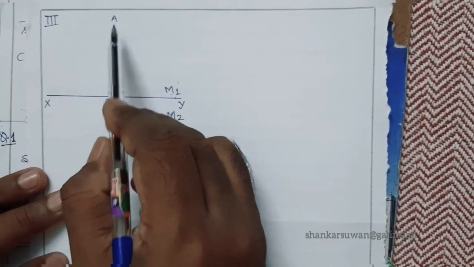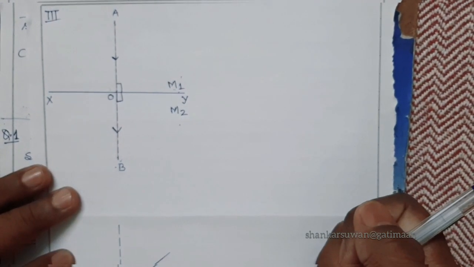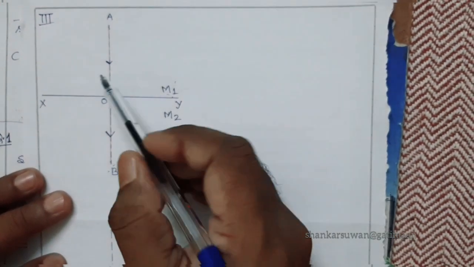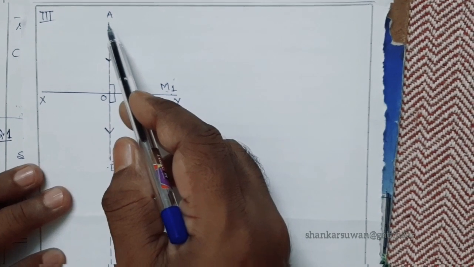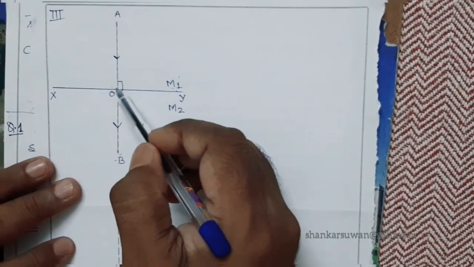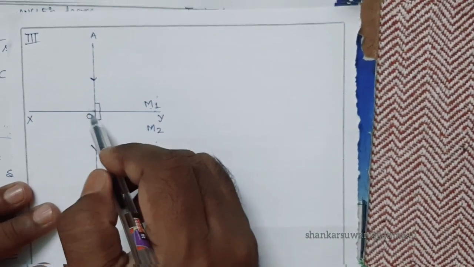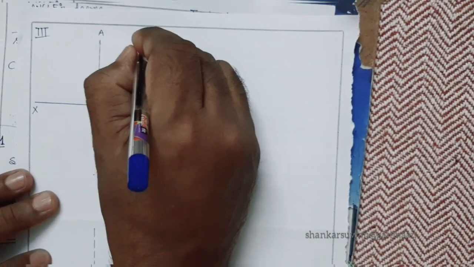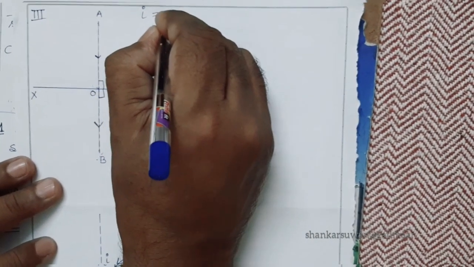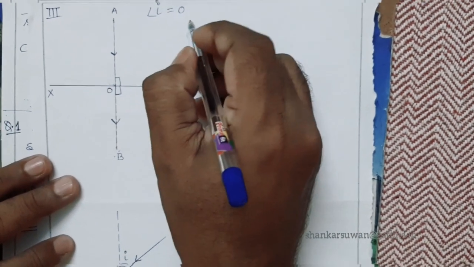So, what is the value of angle I? According to the definition, the angle of incidence is the angle between the incident ray and the normal. In this case, the incident ray is along the normal. That is why angle I will be 0.